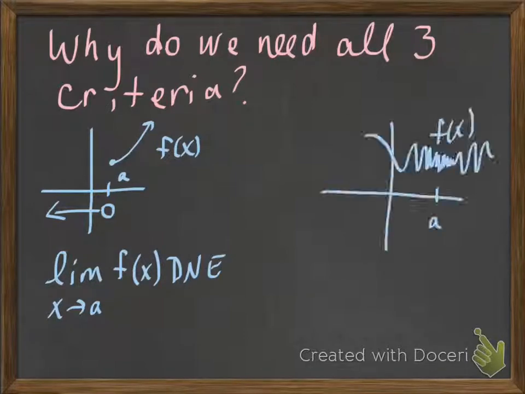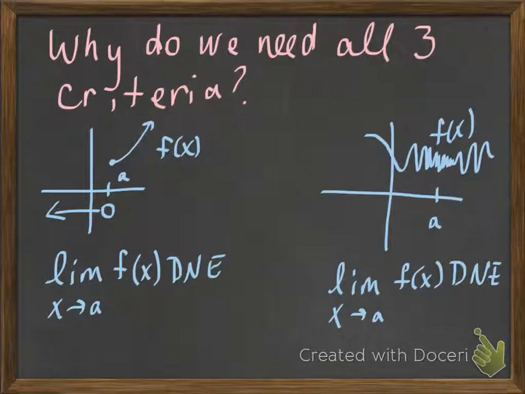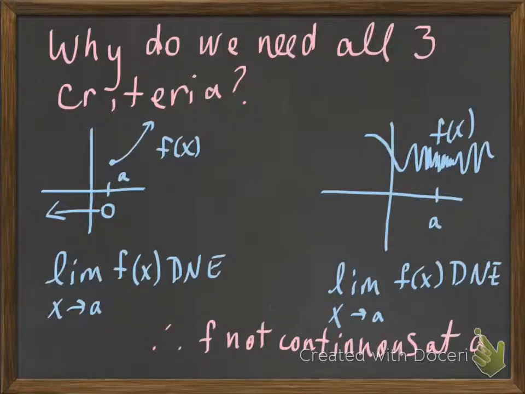Another thing that could go wrong with respect to a limit existing is we could have a really fast oscillation at a. So our function never settles down at a. And we also know that that means the limit as x goes to a of f of x does not exist. So in either of these two cases, since they fail criterion 1, we would say our function is not continuous at a.